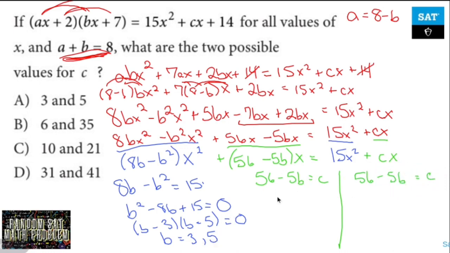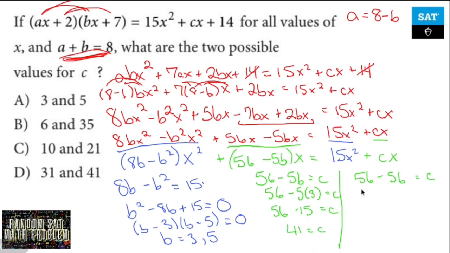I know that b is either going to be 3 or it's going to be 5. So let's plug in 3 and see what happens. 56 minus 5 times 3 equals c. 56 minus 15 equals c. And that is 41. So it looks like c could be 41.